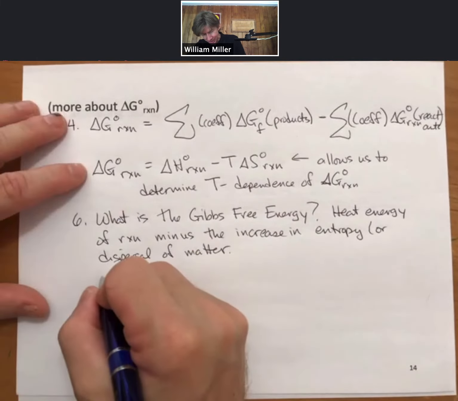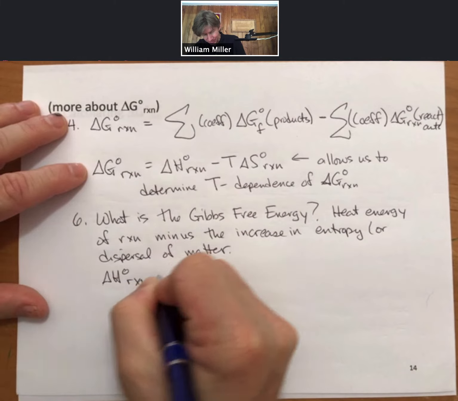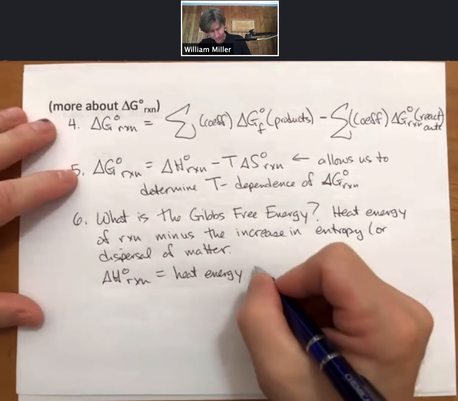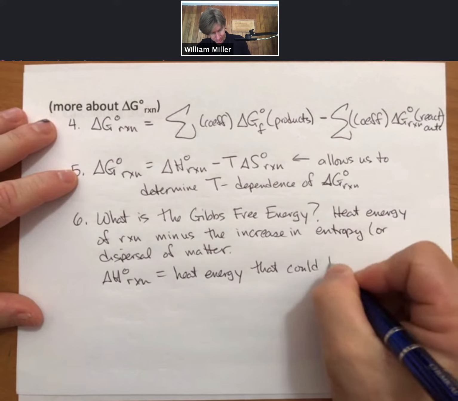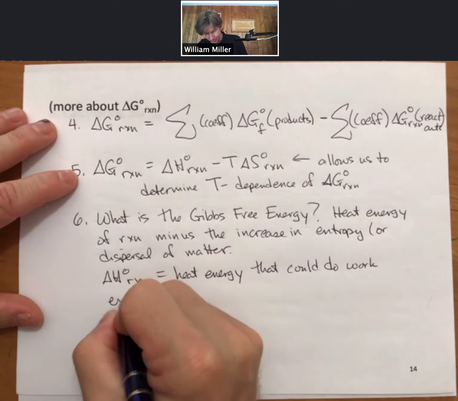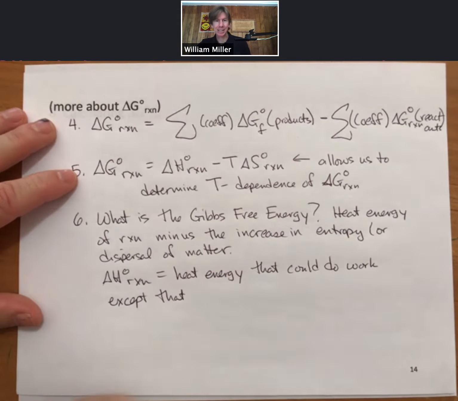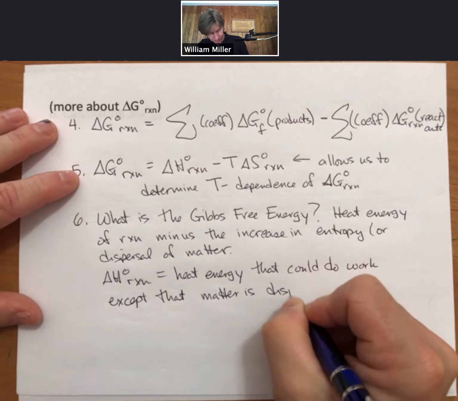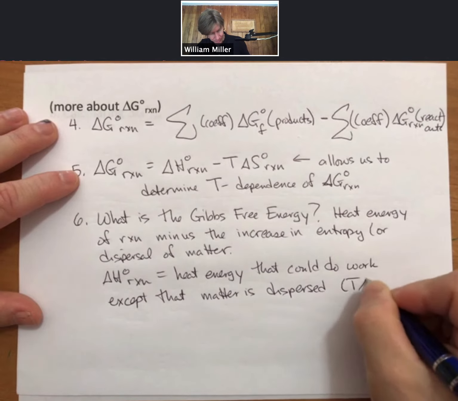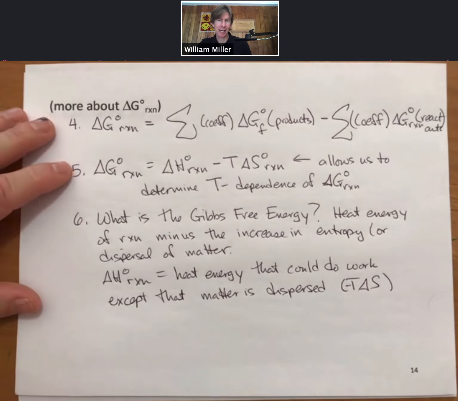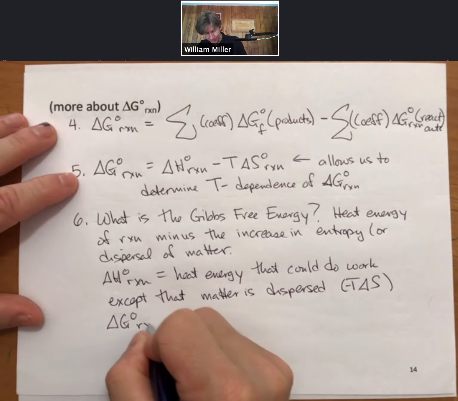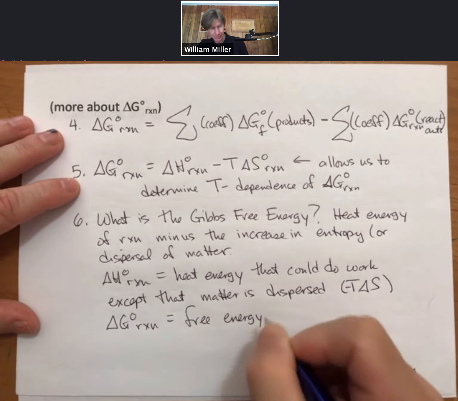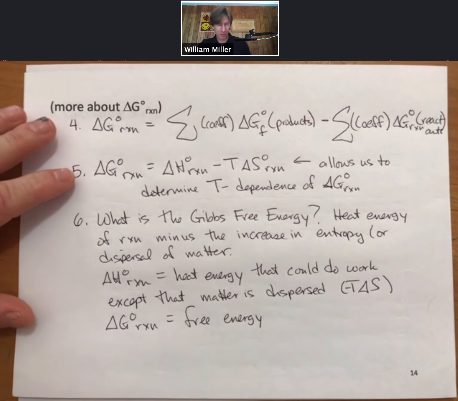So the heat energy, delta H naught reaction, we can think of as the heat energy that could do work, except that matter is dispersed, minus T delta S. So delta G, which is the free energy, is the free energy available to do work.